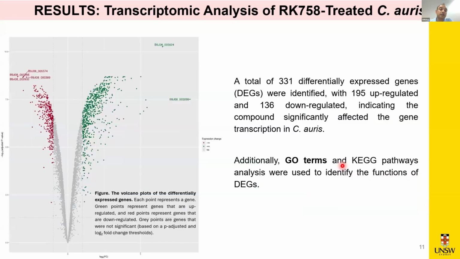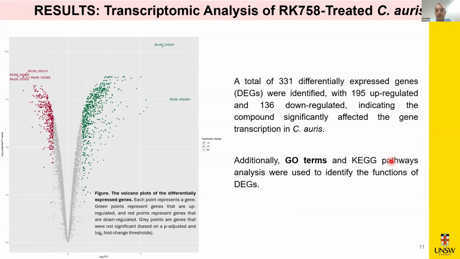Further, to explore the mechanistic activity, we treated Candida auris with our compound and did transcriptomic analysis. In the transcriptomic analysis, we found a total of 331 differentially expressed genes, identified with 195 upregulated and 136 downregulated genes, indicating that the compound significantly affected the gene transcription of Candida auris.